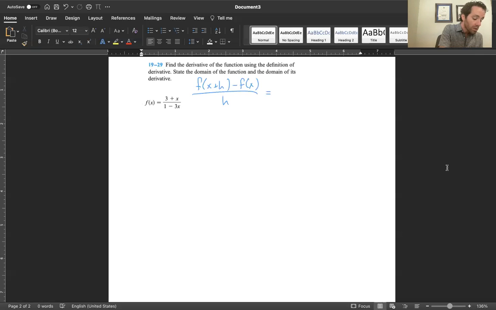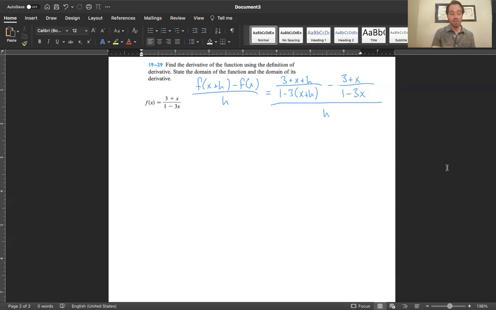Well, it is 3 plus x plus h over 1 minus 3 times, be careful, use parentheses there because it is the quantity x plus h, and that is the x plus h version, then minus the normal f of x version, 3 plus x over 1 minus 3x, and this whole big thing over h.